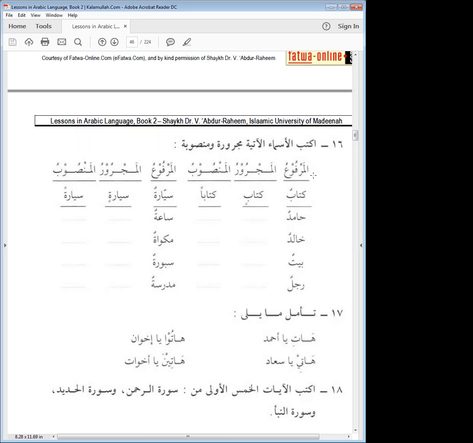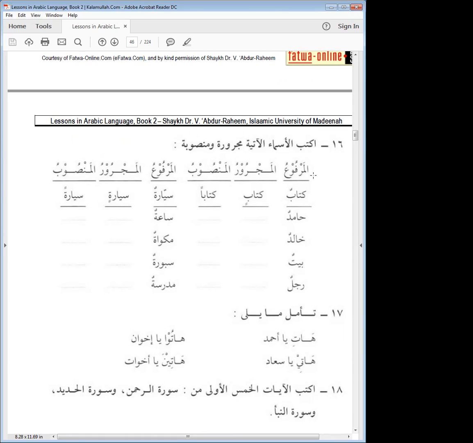We have some words here. They give us all the words in the case of rafa. All of the words with the tanween behind are called marfu, meaning they are in the state of rafa. So we want to get the majrur, that is when it is in the case of jar, and we also want to get the mansub when it is in the case of nasb.